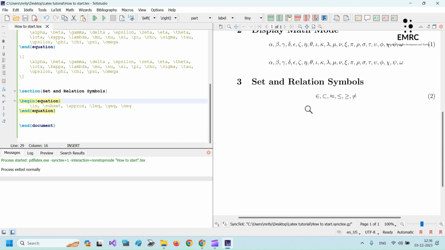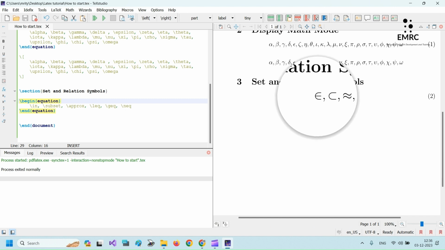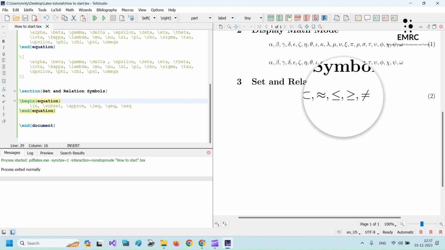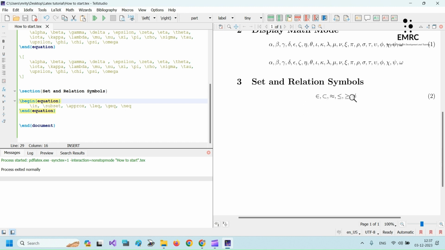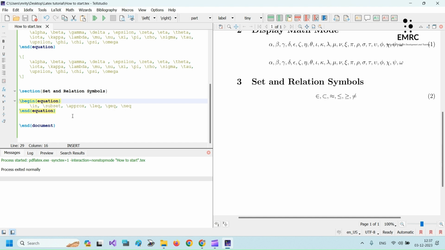You can see these are the various symbols: less than or equal to, greater than or equal to, not equal to, and other things. These are the set and relation symbols.